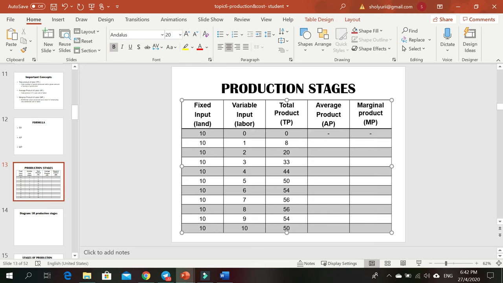Asalkan dua. Tapi biasanya labor dia akan pakai. Labor tu akan sentiasa jadi variable. So you look at here, in terms of land kan, the value is consistent. Sama je. So, bila dia consistent macam ni sama, mean that it is fixed. While our other input, look at the value. 0, 1, 2, 3, 4, 5, 6.